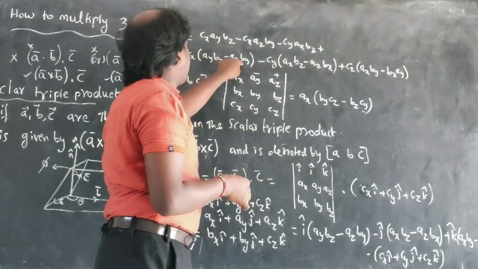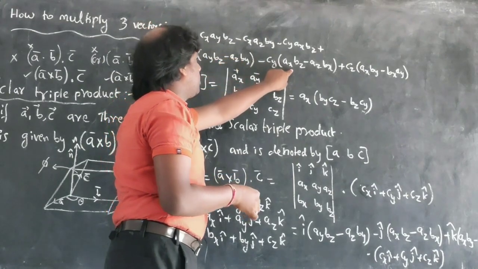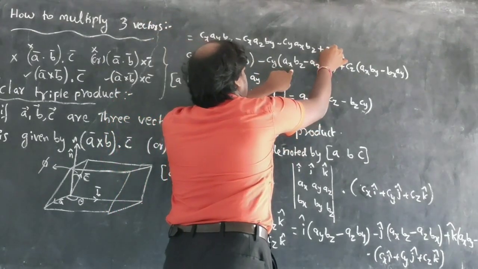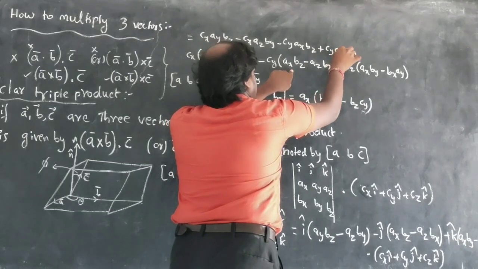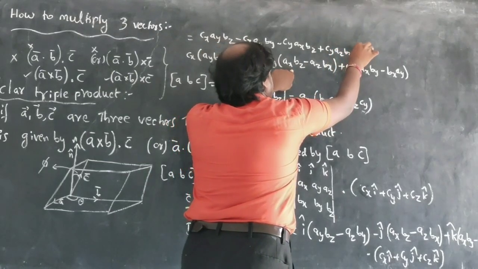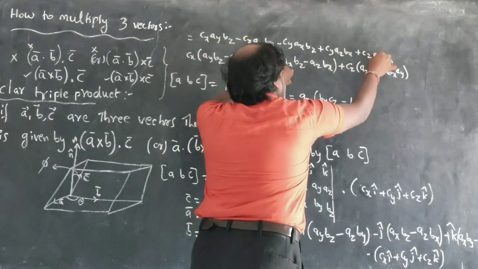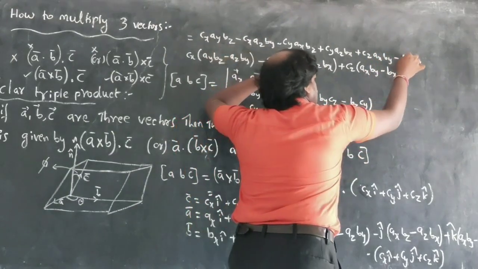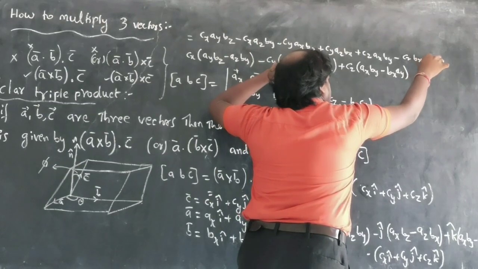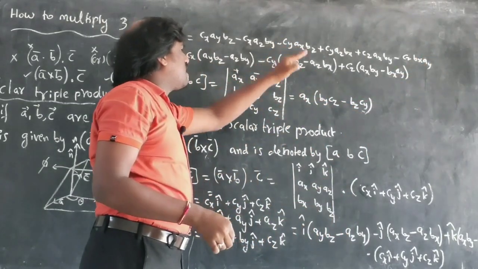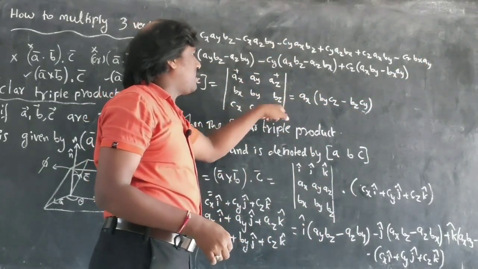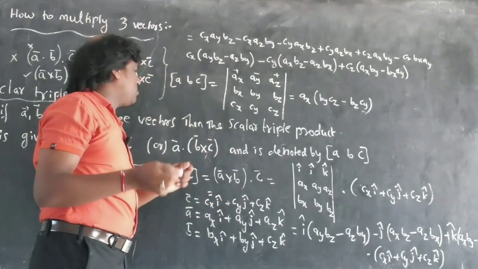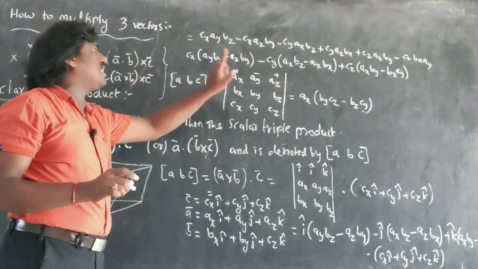See, it is multiplied here and then I am multiplying here, and minus into plus minus CY AZ BX and plus CZ AX BY minus I get a CZ BX AY. What I want to say here, that result and after doing the determinant, this result will be the same. So box ABC can be written like this.